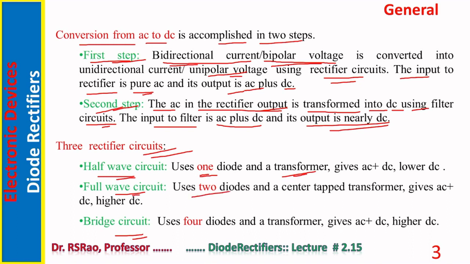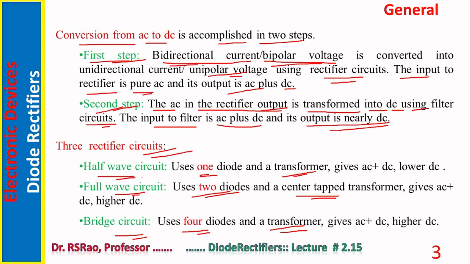Full wave circuit uses two diodes with a center tapped transformer. Bridge circuit uses four diodes and a transformer. So as you move from half wave to bridge, the number of diodes employed in the design increases from 1 to 4.